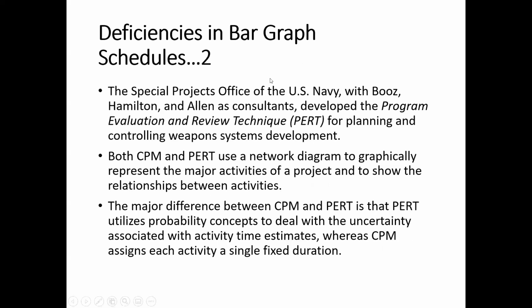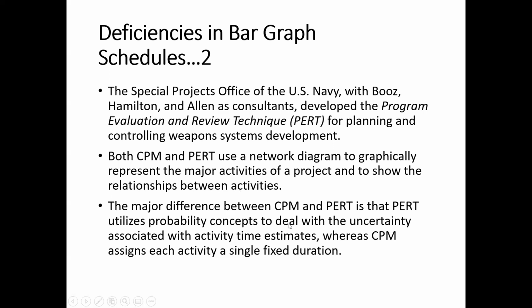In parallel to that, almost at the same time, another method called the Program Evaluation and Review Technique was also developed. So CPM and PERT were the two earlier network-based methods. Both use the network diagram to graphically represent the major activities of a project and to show the relationship between these activities.